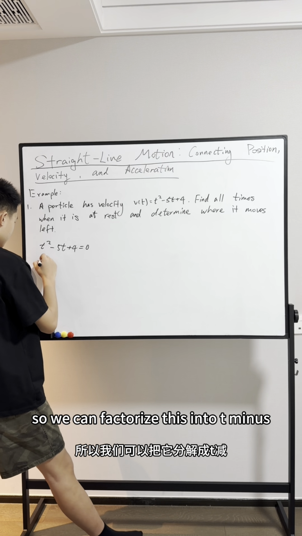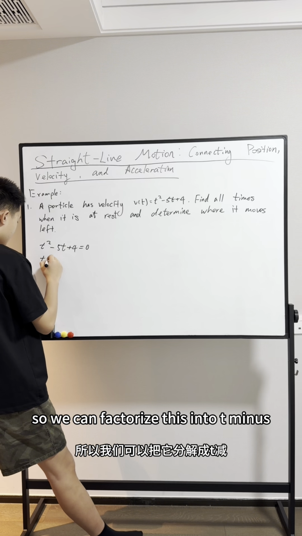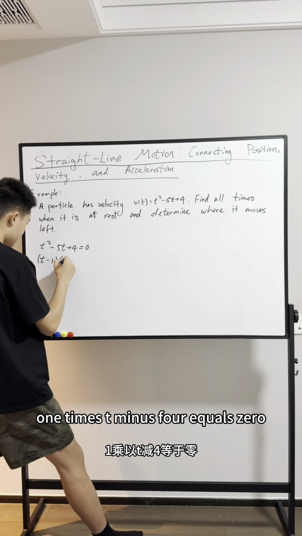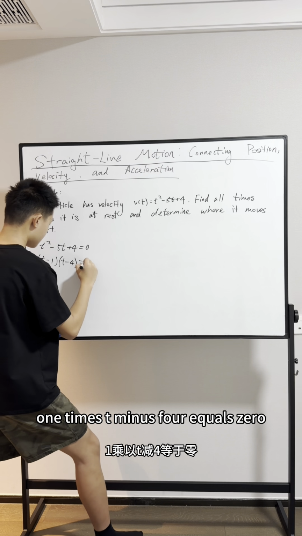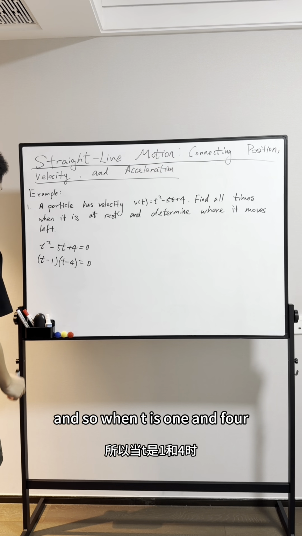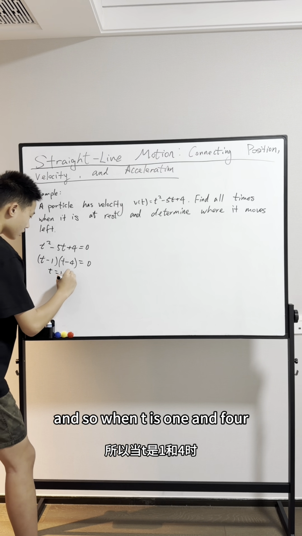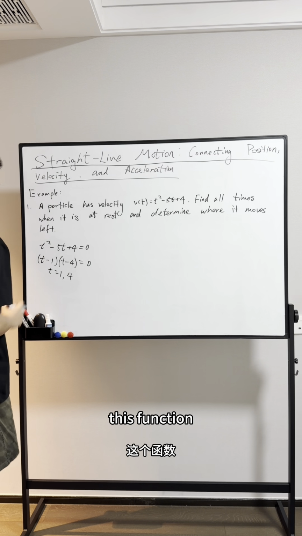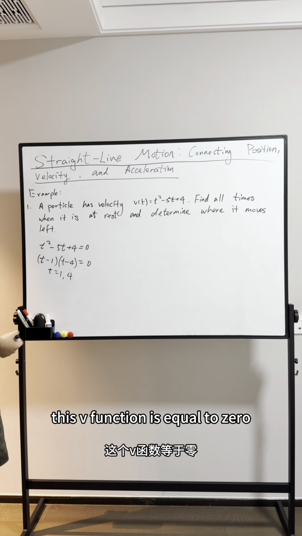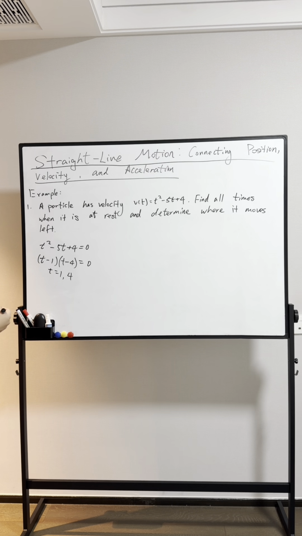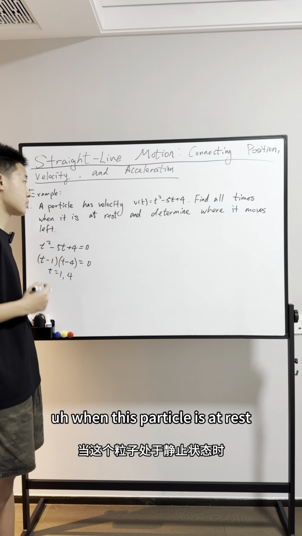We can factorize this into (t minus 1) times (t minus 4) equal to 0. So when t is 1 and 4, this v function is equal to 0, and therefore we have successfully found the two times when this particle is at rest.